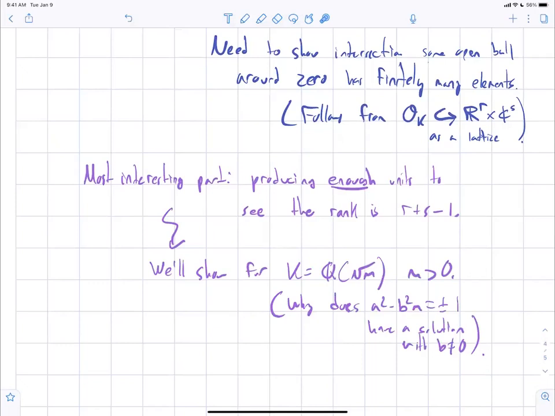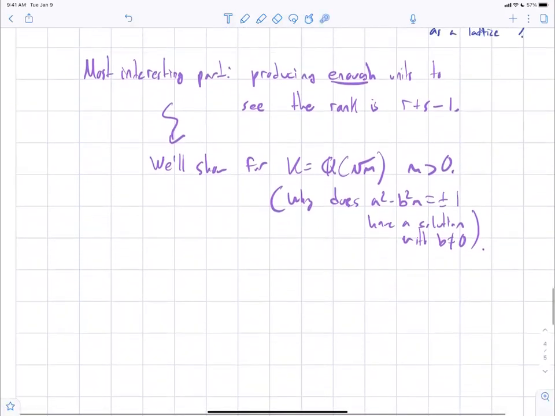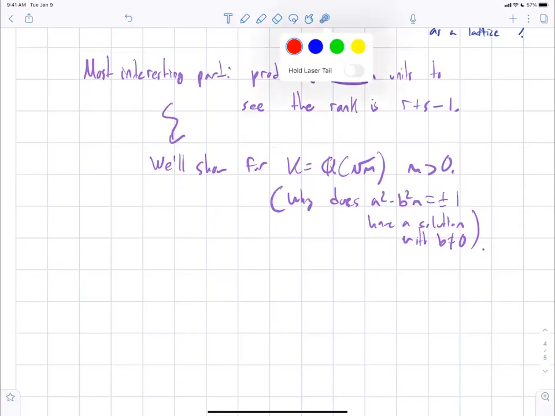And again, we need to see how that can happen. Of course, if you're given an M, you can just guess and check until you find one. And so here, producing enough units just means if we can produce anything of infinite order, we're just trying to show the rank is 1.